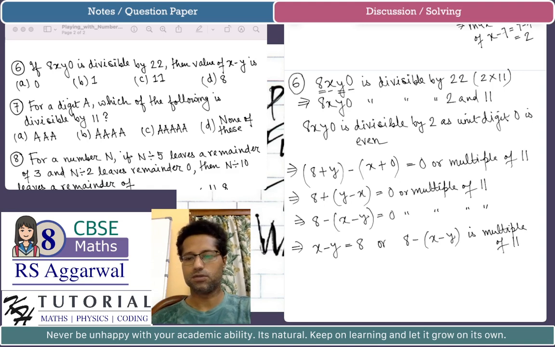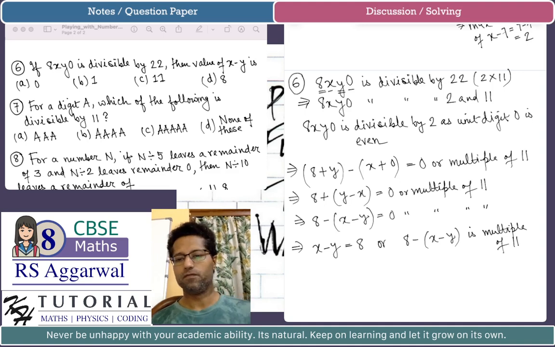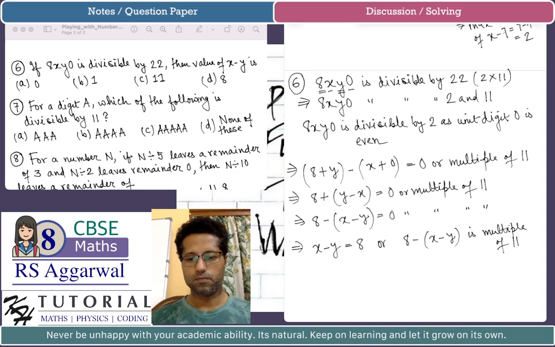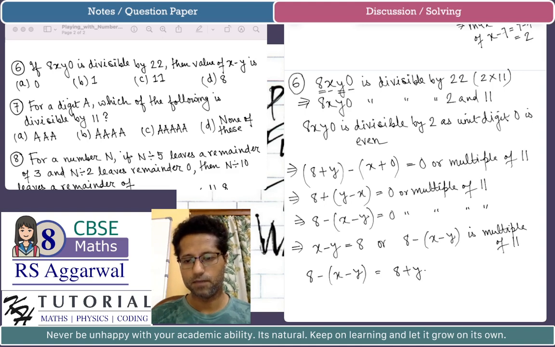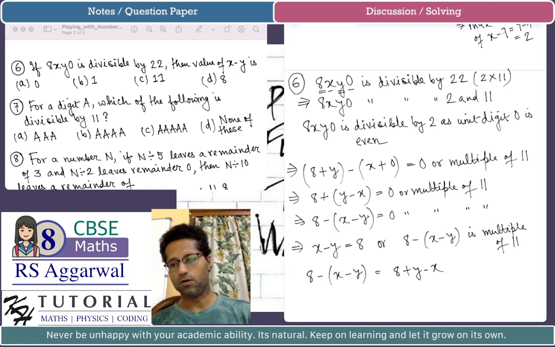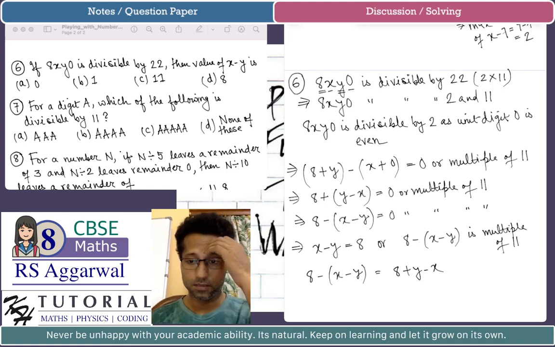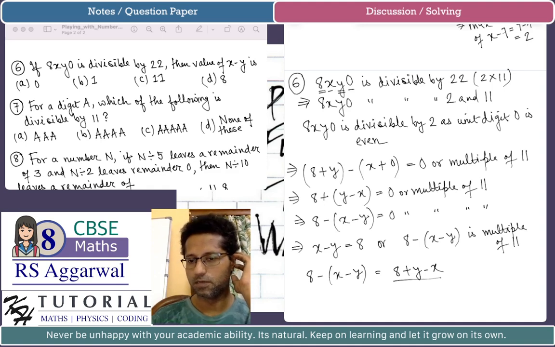Is there any combination of values of x and y that will make 8 plus y minus x a multiple of 11? Let's think of the multiples of 11. The first multiple of 11 is 11.